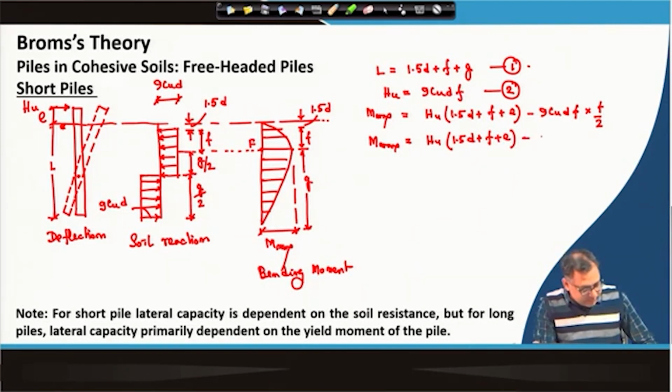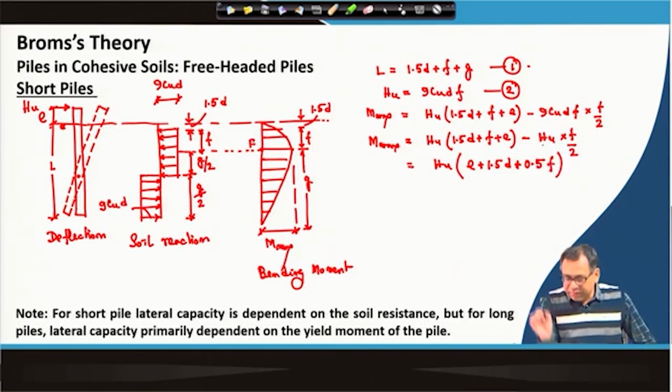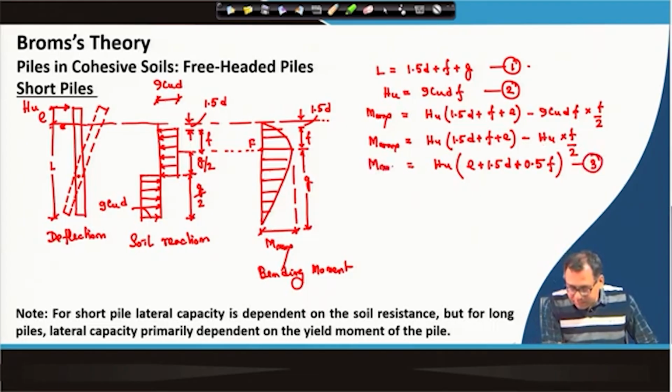So, minus HU into F by 2. So, finally, I can write this as HU into E plus 1.5 D plus F minus 0.5 F. So, F times 1 minus 0.5, so 0.5 F. So, this is equation number 3. So, we can calculate the maximum moment at the point F, where this is the value.